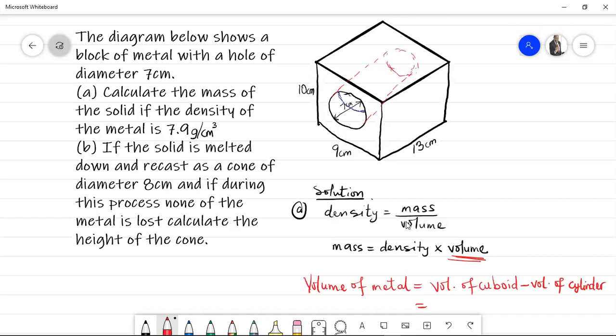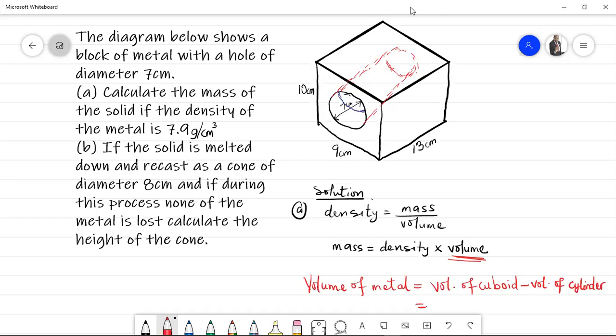So what the hole is forming inside the cuboid is a cylinder, as you can see it now. So that is how we know that we have to subtract the volume of the cylinder, which is the hole that was removed from the metal box, from the volume of the entire cuboid.